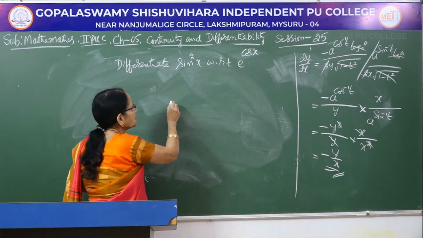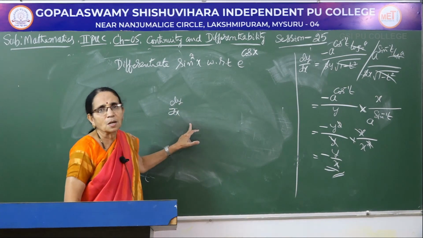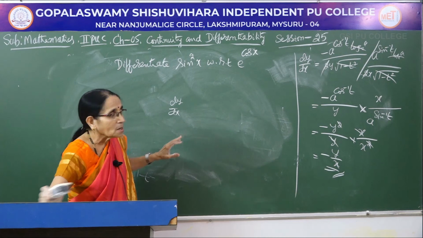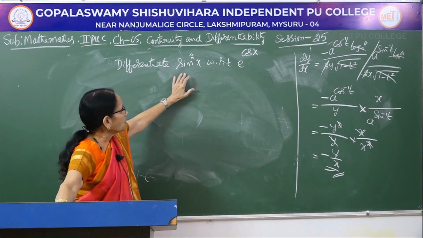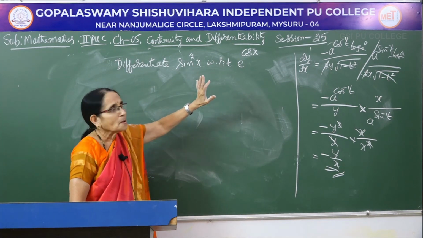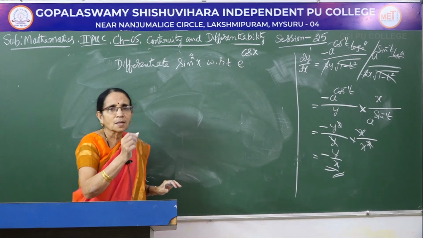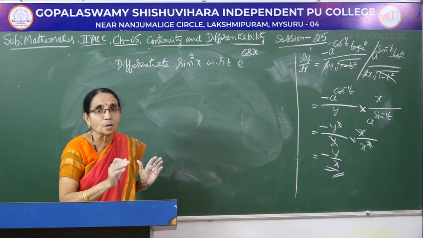See, finding dy by dx, what do you mean by that? Y has been differentiated with respect to x. The same thing is given in a sentence here. Differentiate y with respect to x, that is the meaning, but already x is there. So, what we have to do is, there x and y are given to you directly, here we have to make some assumption.